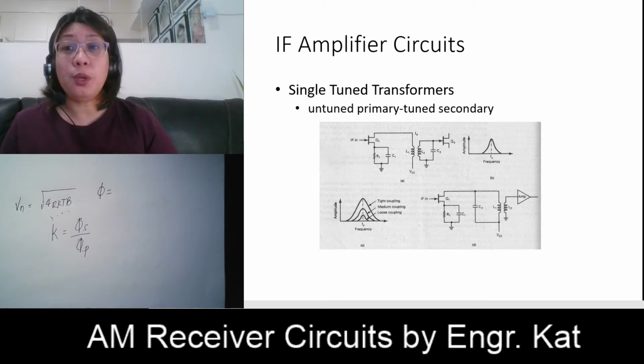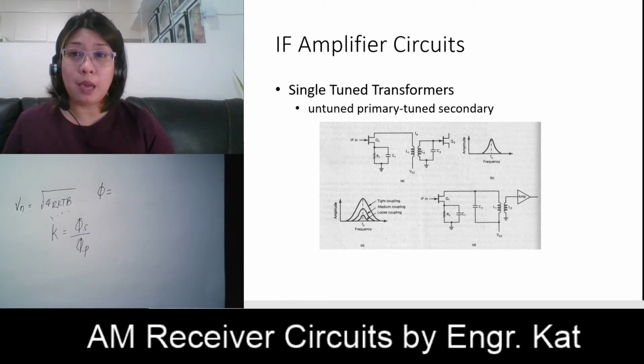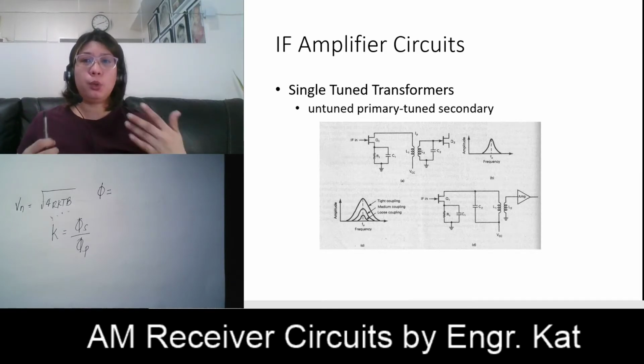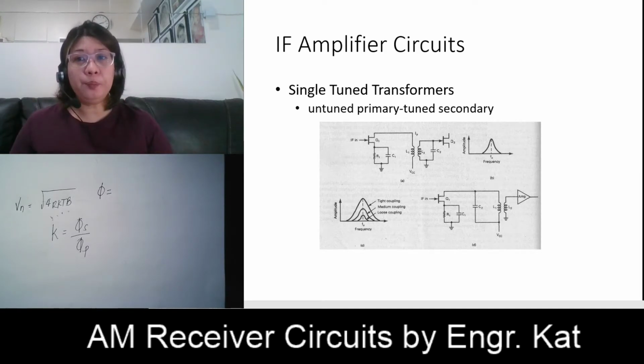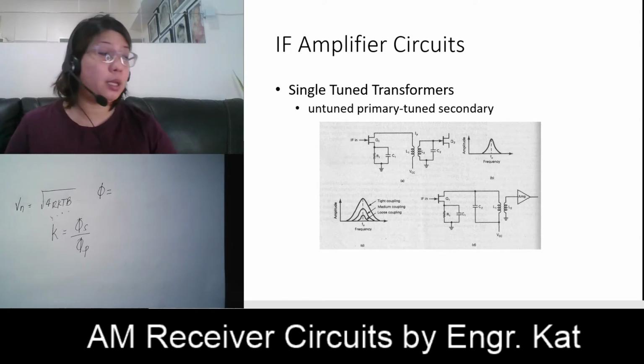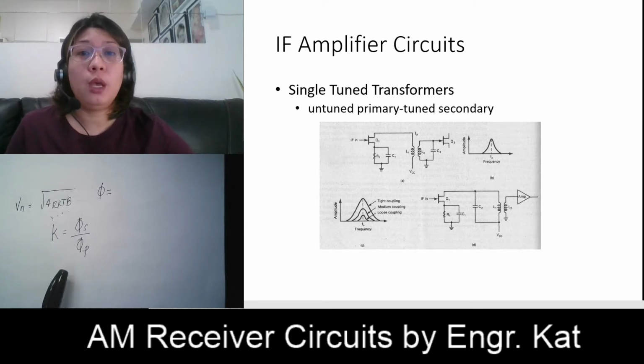Our main aim here is to reduce the bandwidth, because if we reduce the bandwidth, we are also reducing the noise in our system. One way to narrow your bandwidth is through the coefficient of coupling.